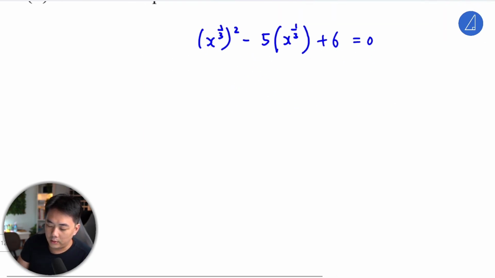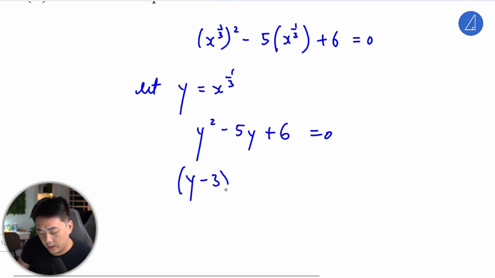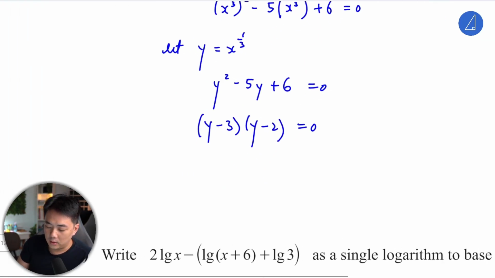If you are not comfortable in this form, we could just use a substitution. Let y equal x^(1/3). So this is y squared minus 5y plus 6 equals 0. This will be (y minus 3)(y minus 2) equals 0, so y will be 3 or 2.